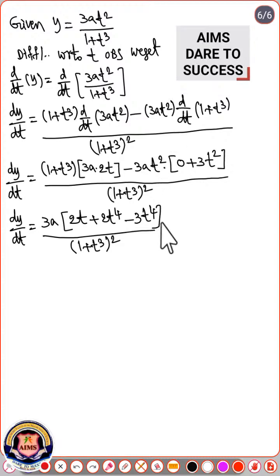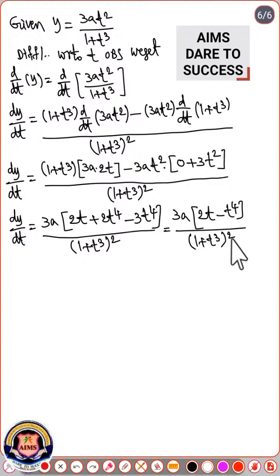So remaining value 3a into this, 2t will be same, 2t power 4 minus 3t power 4 is minus t power 4, whole divided by 1 plus t cube whole square.